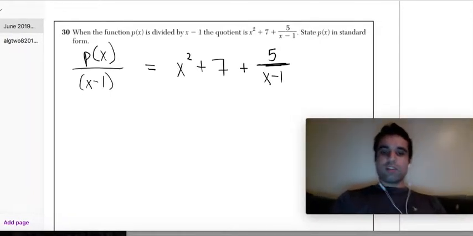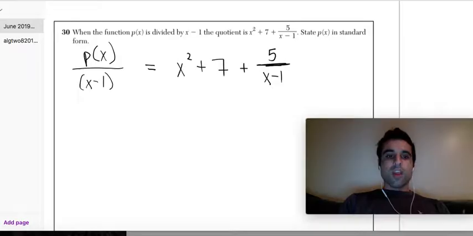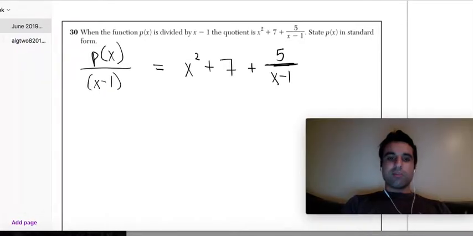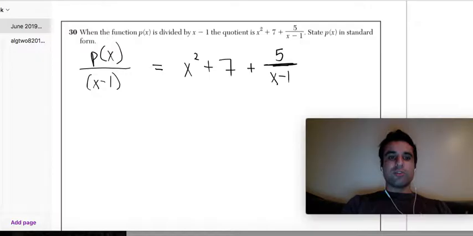When you get a quotient and you have a number at the end, the 5 on top of the x minus 1, that 5 is the remainder. Remember, if you've divided polynomials, you'll know how that goes.